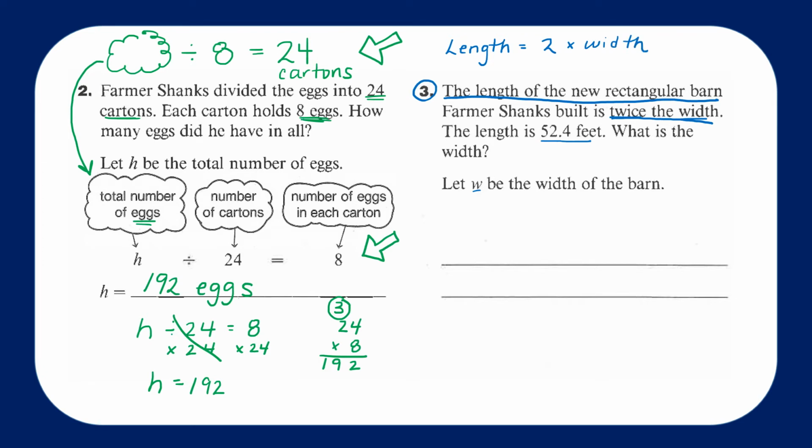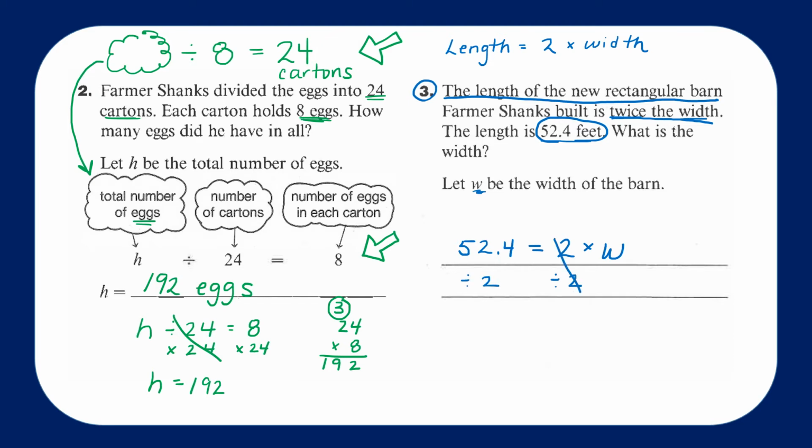All right, so we know that the length is 52.4 feet. So I'm going to write that down here, 52.4 feet equals 2 times, and it says here W. All right, simple enough. Now we're going to divide by 2, divide by 2.